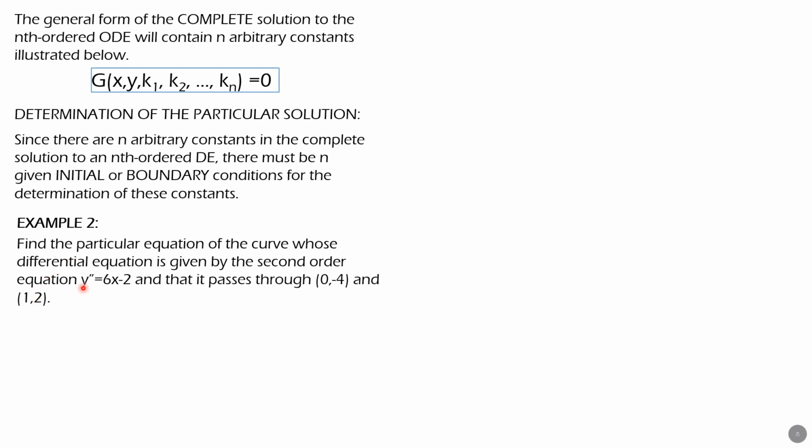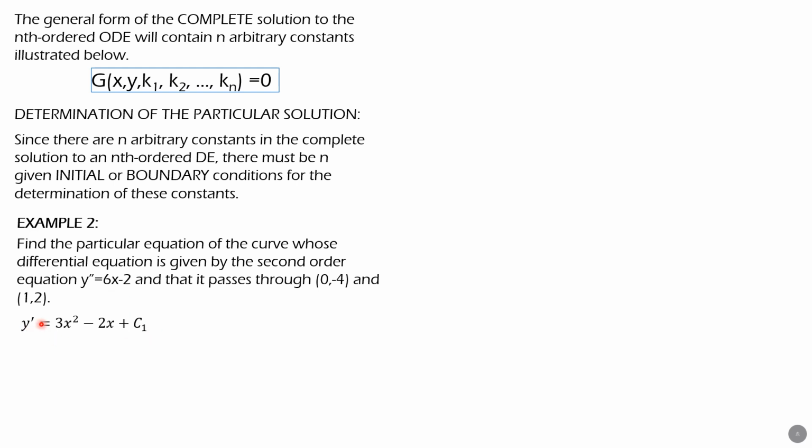You write this as dy/dx, the second derivative of y with respect to x, equals 6x minus 2. Integrating, we have 6x squared over 2, which is 3x squared, then minus 2x plus the constant of integration c sub 1.